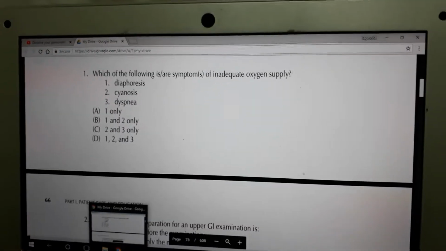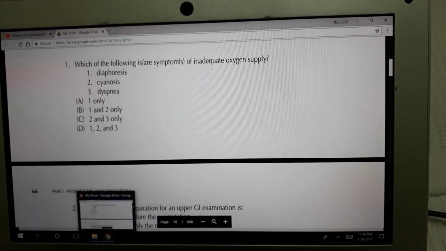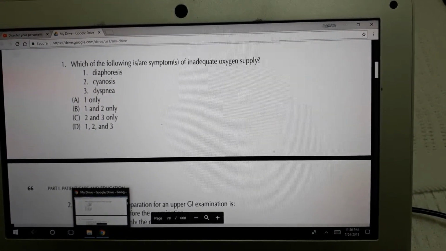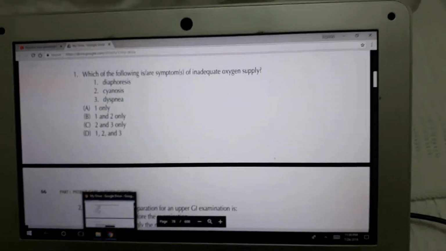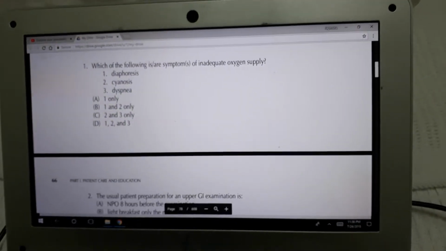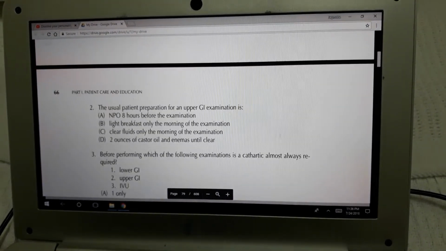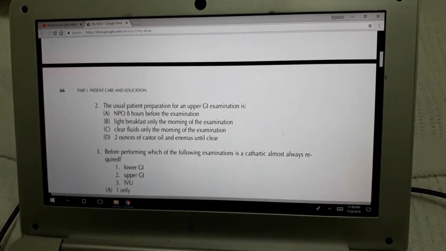First question: which of the following is a symptom of inadequate oxygen supply? Diaphoresis, cyanosis, and dyspnea. So all three is the answer. Answer is D. Next question: the usual patient preparation for a GI examination.